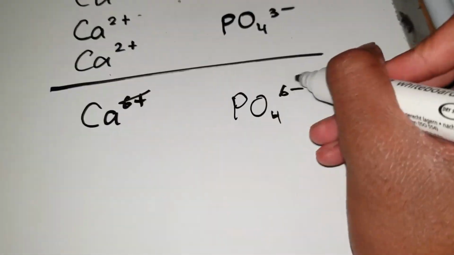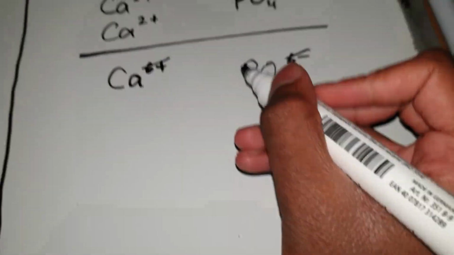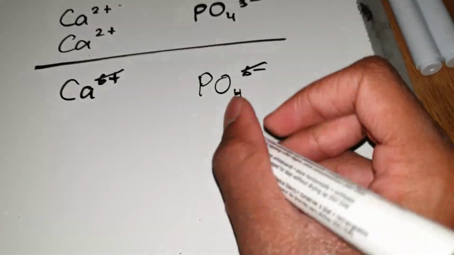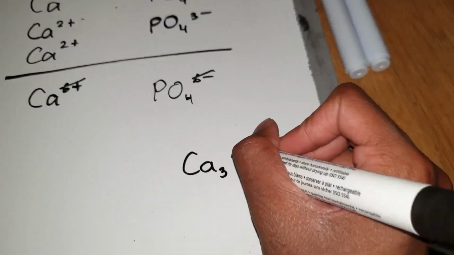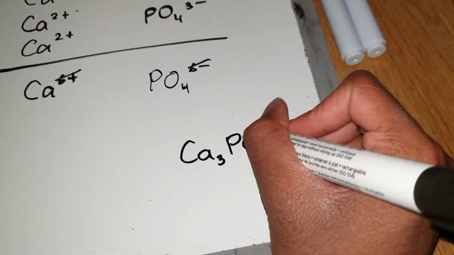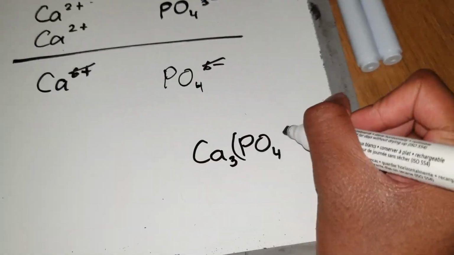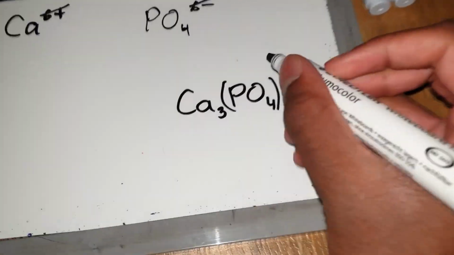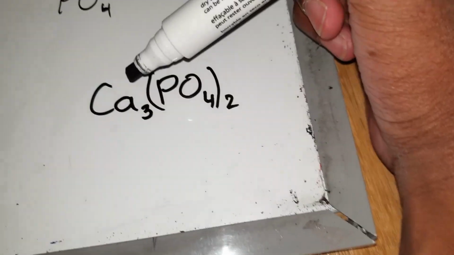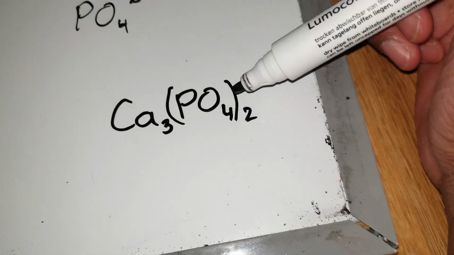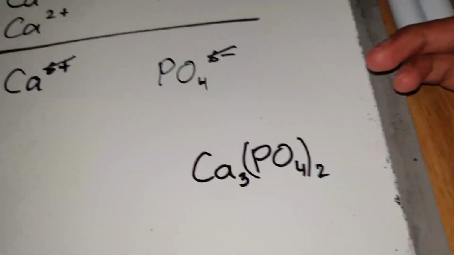So we can cancel them out, and we can come to the chemical formula Ca3(PO4)2. Right? So that is because we have 3 calcium ions and 2 phosphate ions.